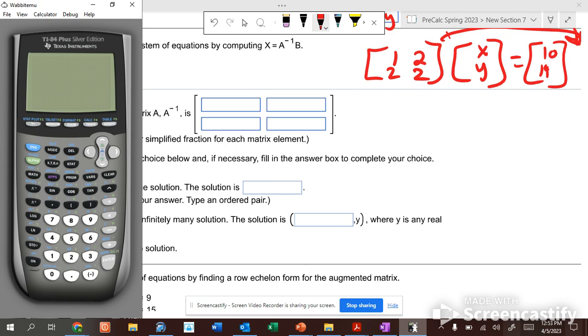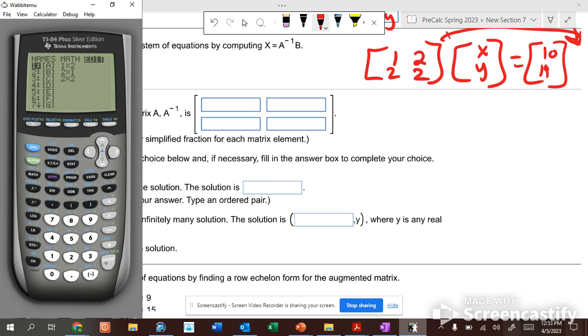So, which is fine. But if you go second and then x to the negative first power, second matrix, the one right below the math, it comes up with this. And so I'm going to name my A matrix. I'm going to edit my A matrix. So I'm going to bring up the matrix button and then scroll over to edit.